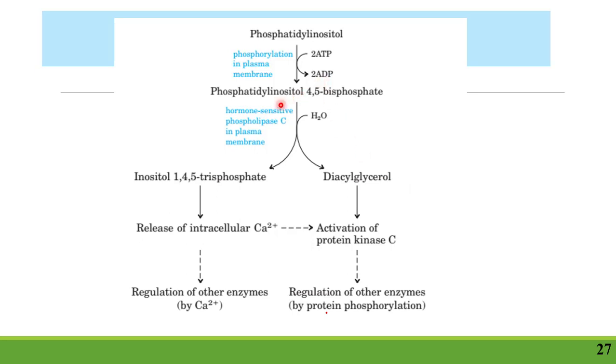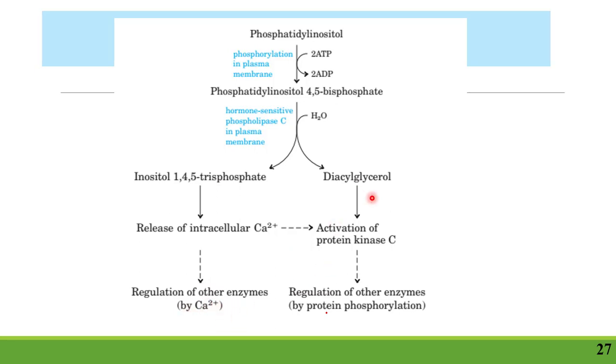Phospholipase C in the plasma membrane, which is sensitive to some types of hormone, performs this action. After that, IP3 leads to release of intracellular calcium and regulation of other enzymes by calcium.